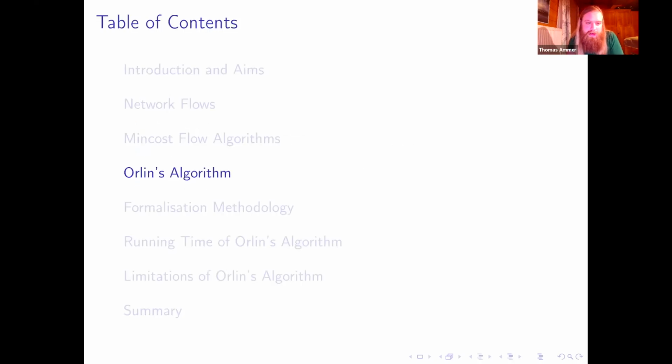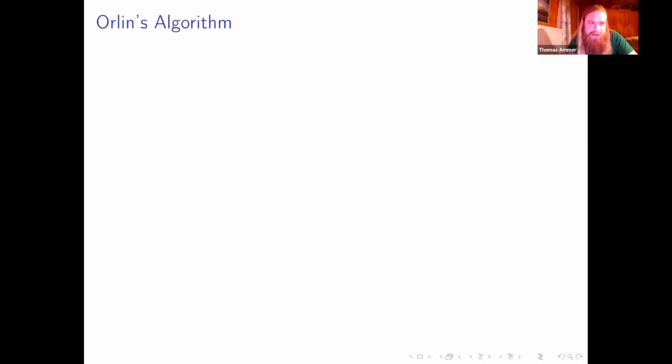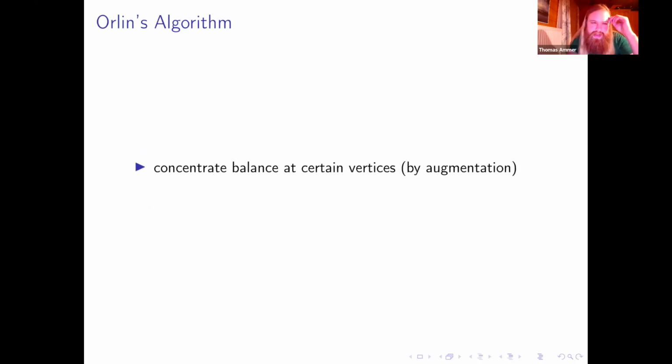Now, this can be made even faster, and that will lead us to Orlin's algorithm. The central idea behind Orlin's algorithm is to concentrate balances, which are supplies and demands at certain vertices in the network.